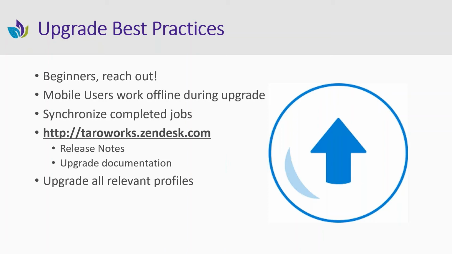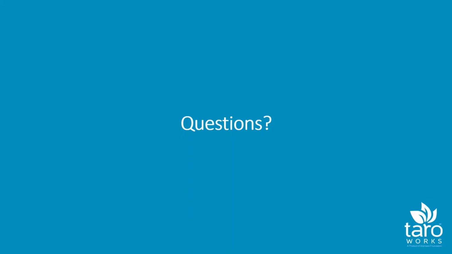You can map the required permissions automatically to your corresponding profiles, but you only get the opportunity to do that once. So it's a very important upgrade step that we like to be on the line for to ensure our customers don't miss. Are there any questions about the upgrade or about any of the new features in Taroworks 6.5 that Billy covered?